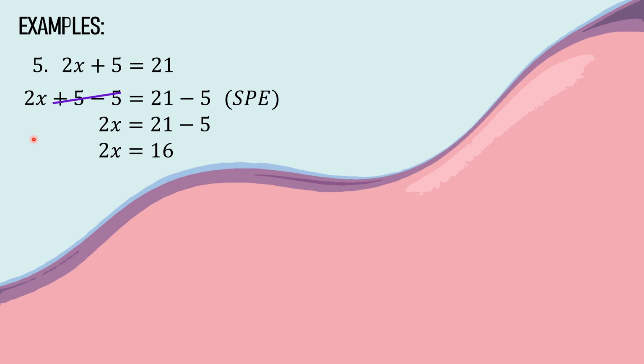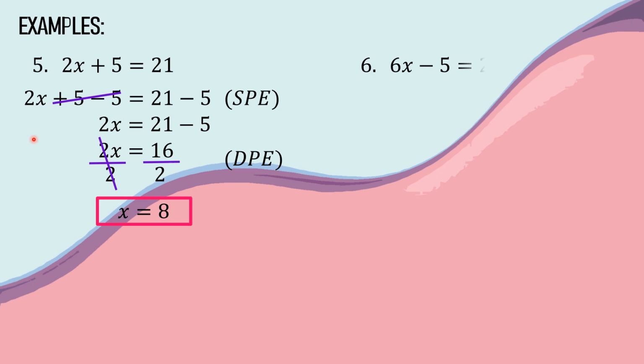And then, let us simplify 21 minus 5 is 16. Next, wala pa tayong value ng x since meron pang katabing numerical coefficient ng x which is 2. So, dito na natin i-apply ang division property of equality. So, let us divide both sides by 2. Cancel 2. Therefore, the value of x is 8 because 16 divided by 2 is 8.